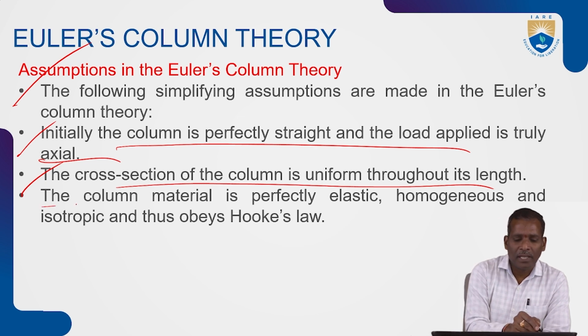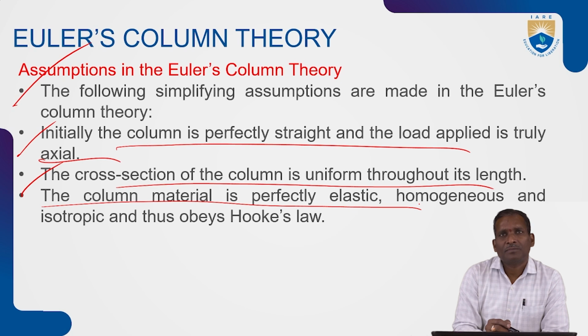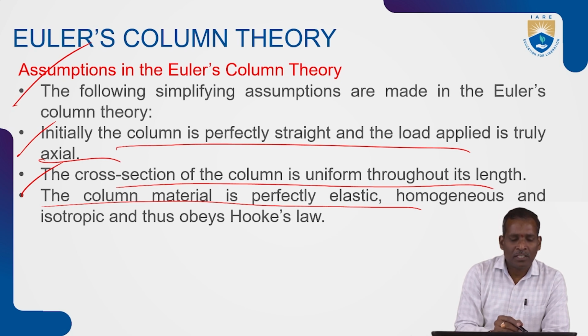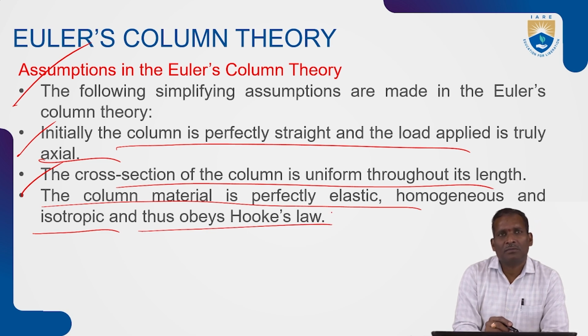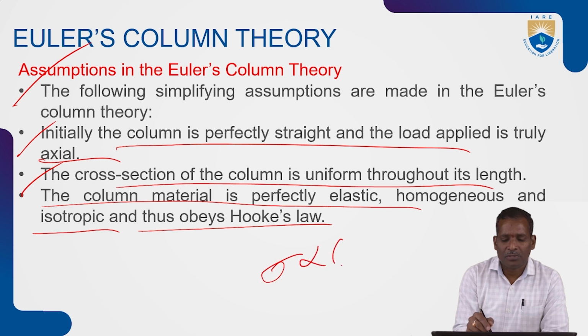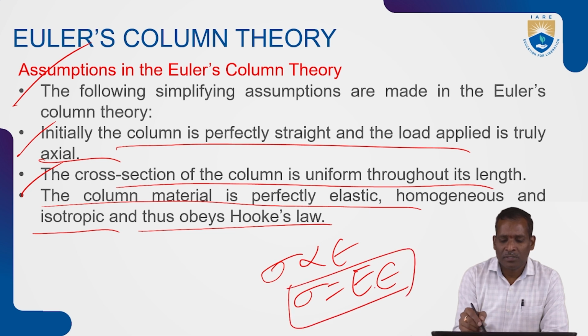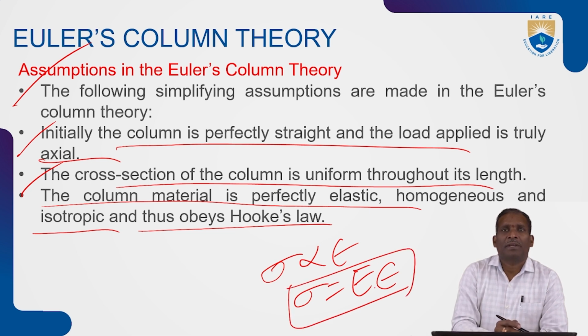The column material is perfectly elastic, homogeneous, and isotropic, and it obeys Hooke's law. Hooke's law says stress is directly proportional to strain, so within the elastic limit, sigma is equal to E into strain.